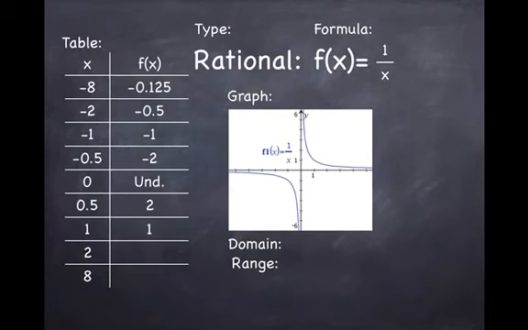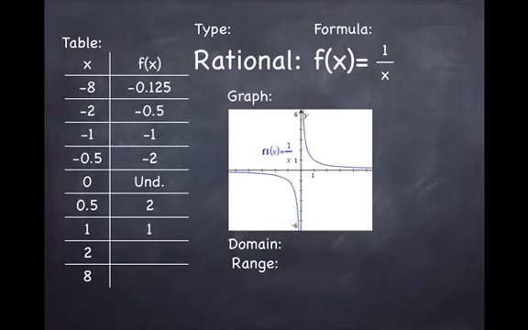I want you to see if you can figure out what the f of x values or the y values are when x is 2 and 8. Look at your table, compare the different answers in the table and see if you can figure out the other answer. See if you can do it without a calculator. I would really like you to try to do it without the calculator.